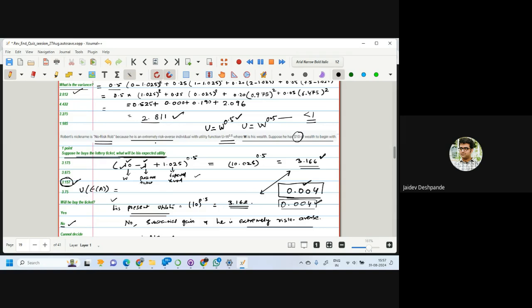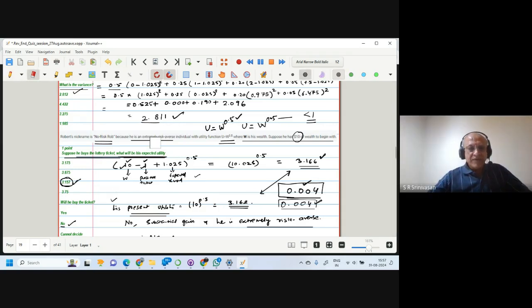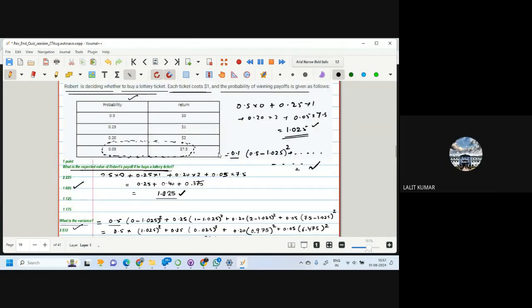See, we have to look at the income, right? We have to look at the income values, and then the utility of each of them, and get the expected value of them. Okay, so from here, if you see, the expected value which is coming here is 1.025.